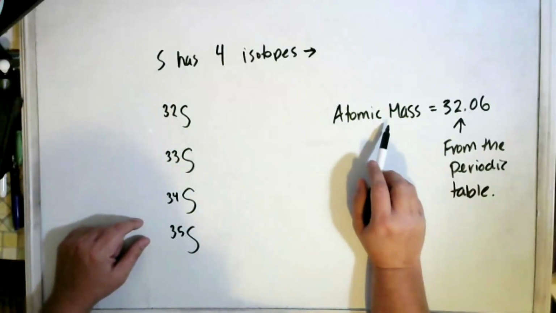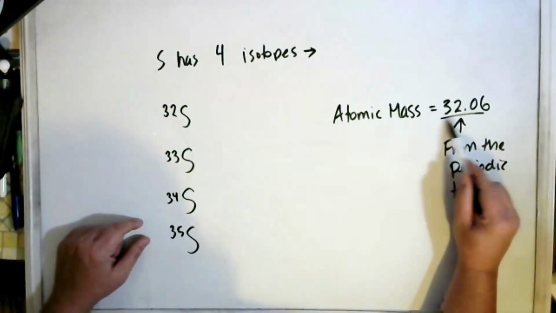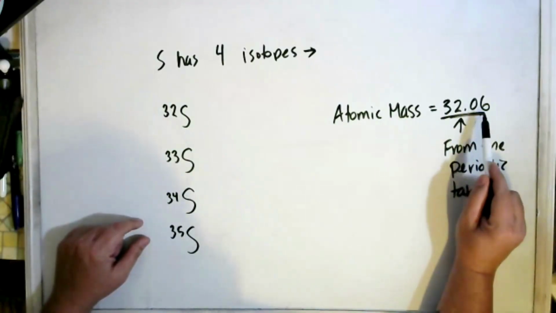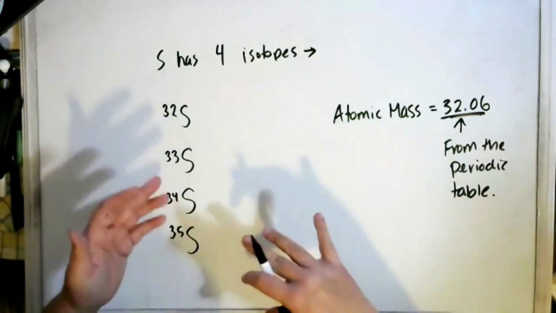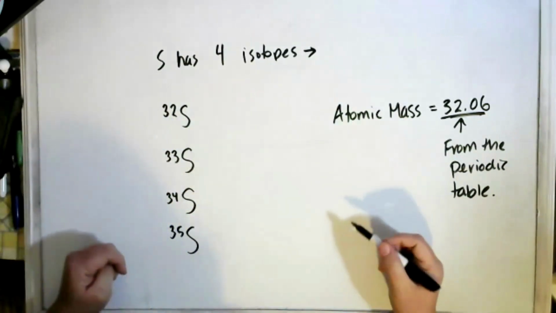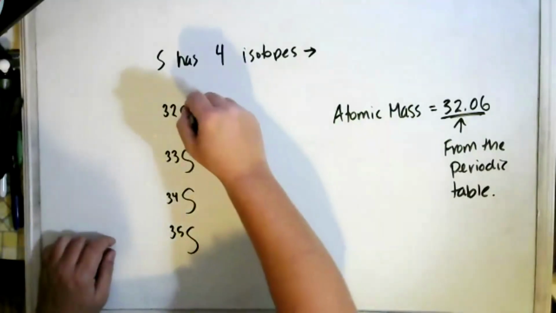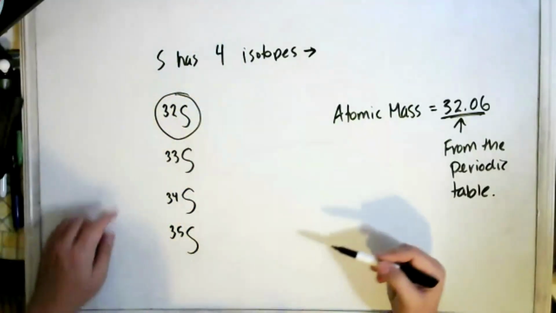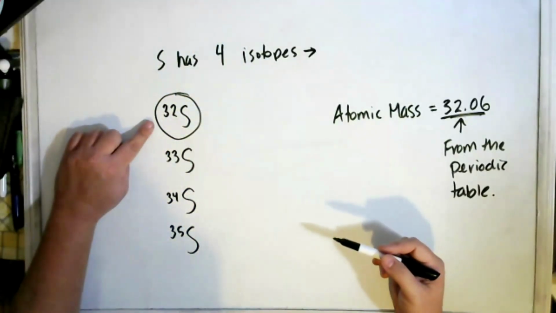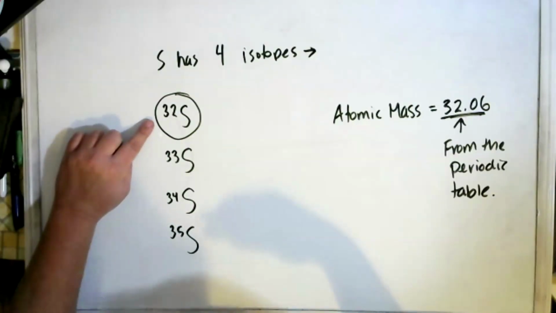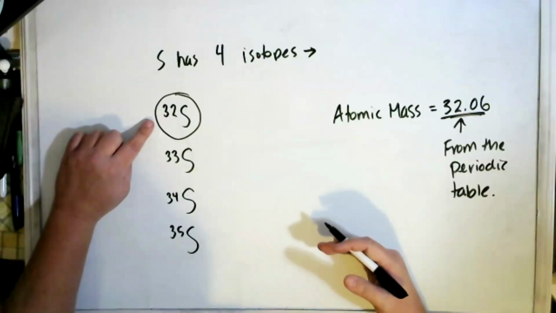So when we look at the atomic mass of sulfur and see that it's 32.06, what that should translate to in our heads is that the isotope of sulfur that has a mass number of 32 is going to be the isotope present most often in nature.